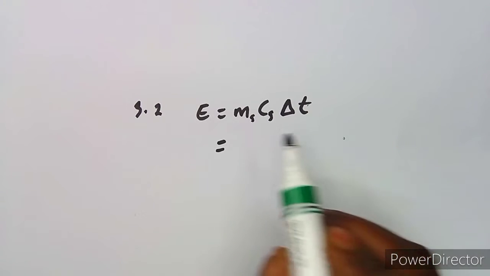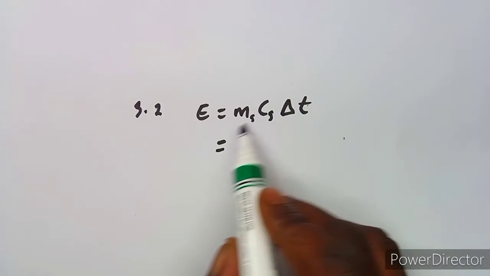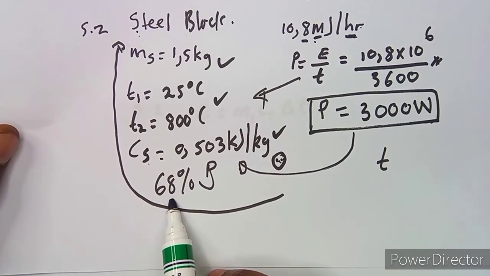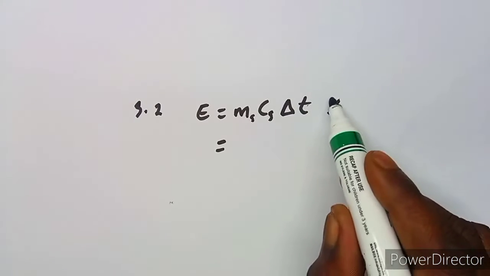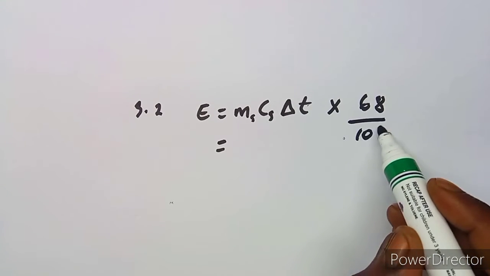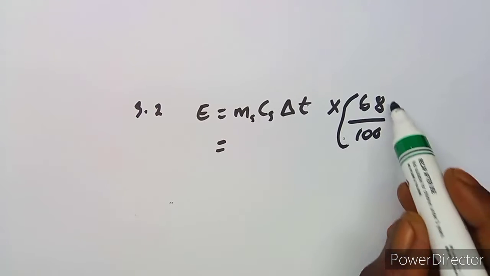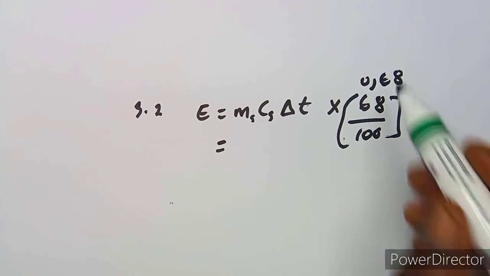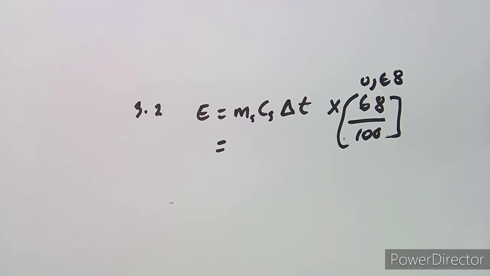But this, guys, is not the answer. Remember that 68% is the one that reaches, so we are going to multiply by 68%. 68% is 68 over 100, which as a decimal is 0.68.